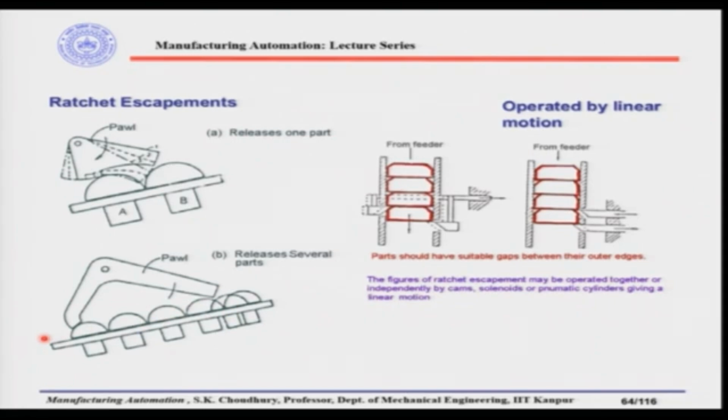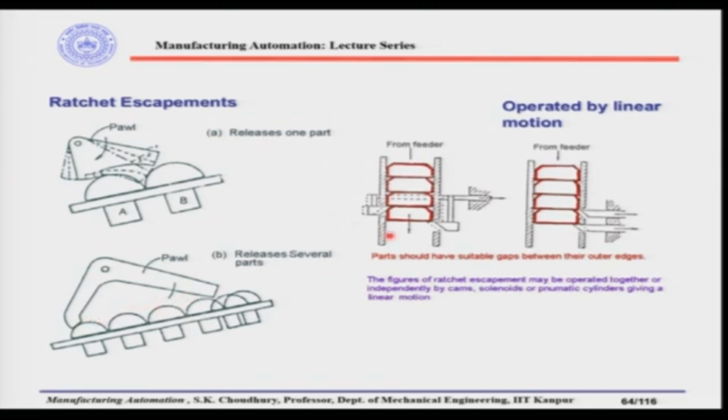So, if more than one part is required for the assembly, in that case such a kind of pawl or ratchet escapement can be used. So, here it is one by one, here it is more than one, and depending on the number of parts you can have the distance accordingly designed.